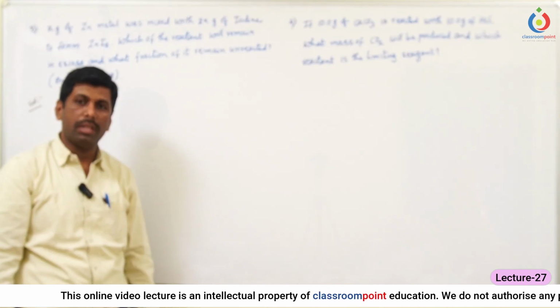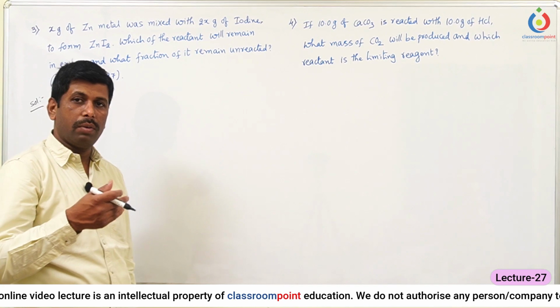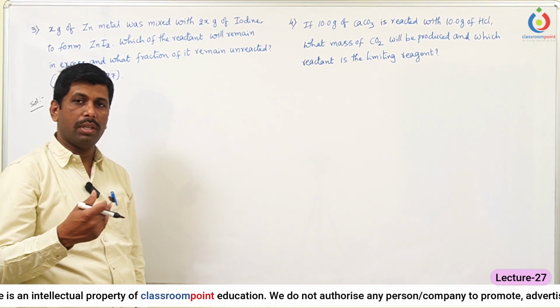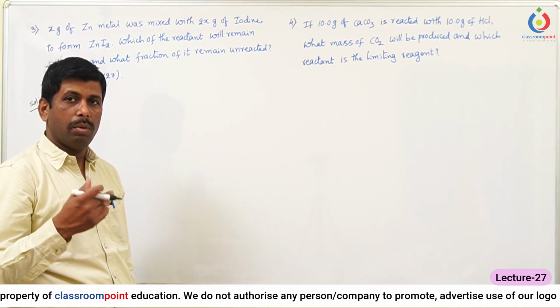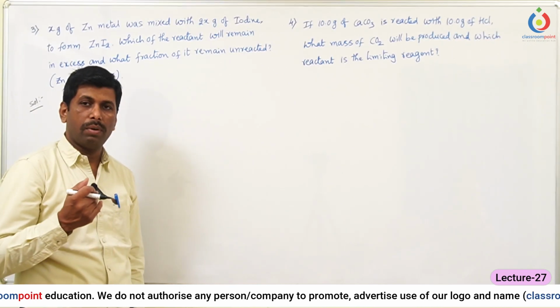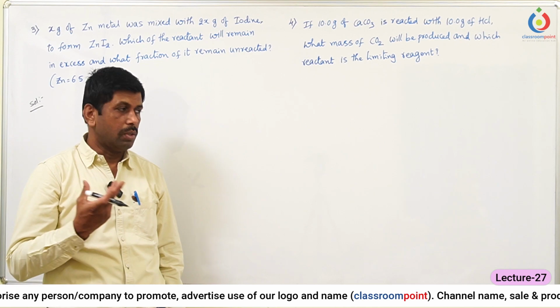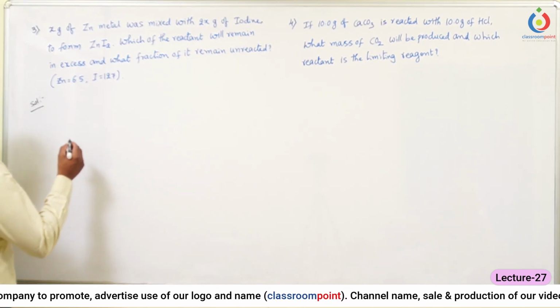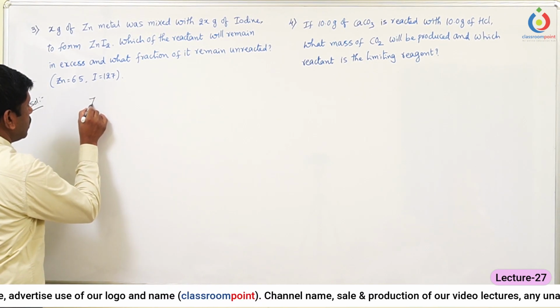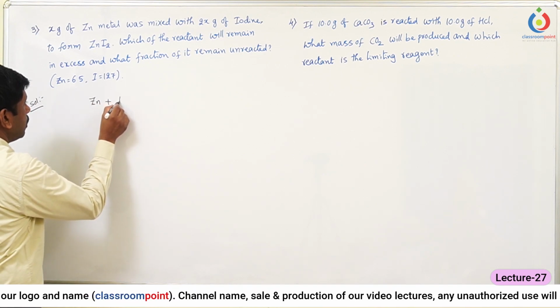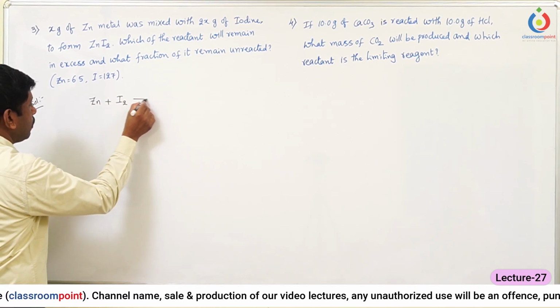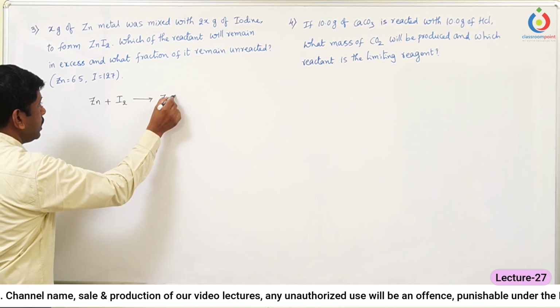So we have to find the excess reagent and how much of it is still available, that means not reacted. When you find the excess reagent, automatically we are finding the limiting reagent also. So let us see both. First of all, let's write down the balanced equation. Zinc reacts with the I2 molecule to form zinc iodide.